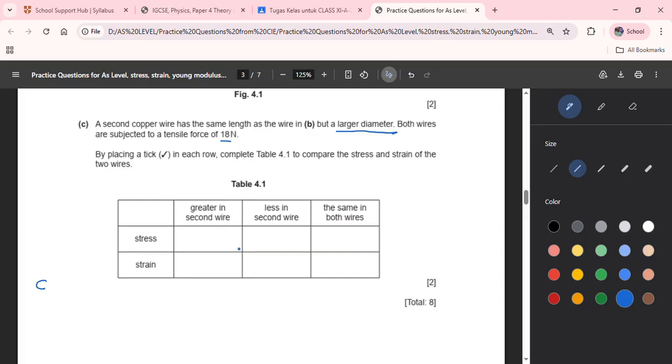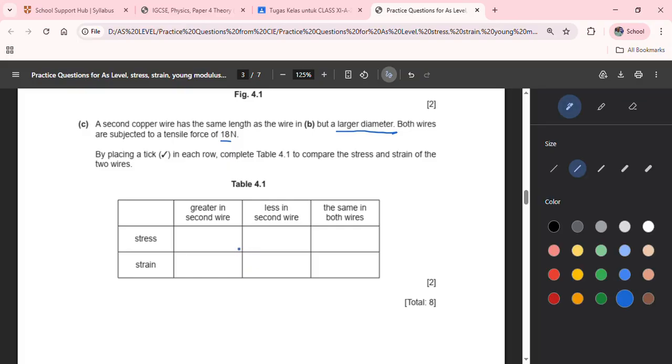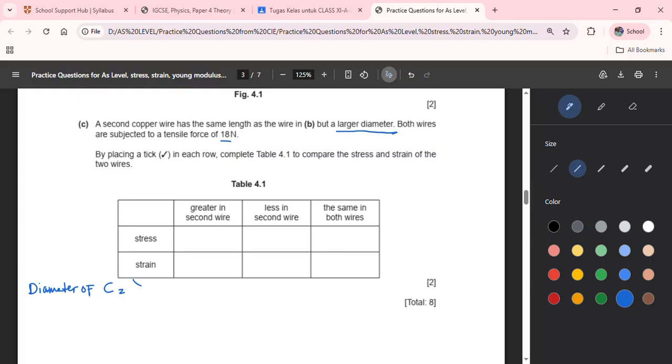The copper wire 1, the copper wire 2. The diameter of the copper wire 2 is larger. Larger means like this, yeah. Larger than the diameter of copper wire 1.